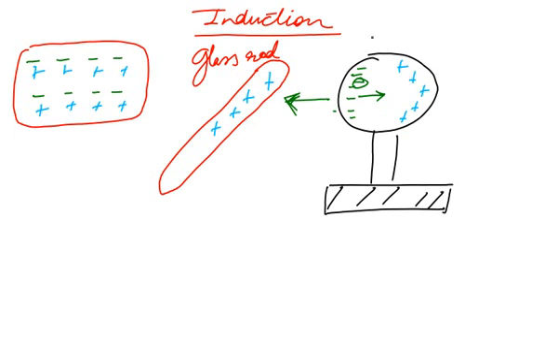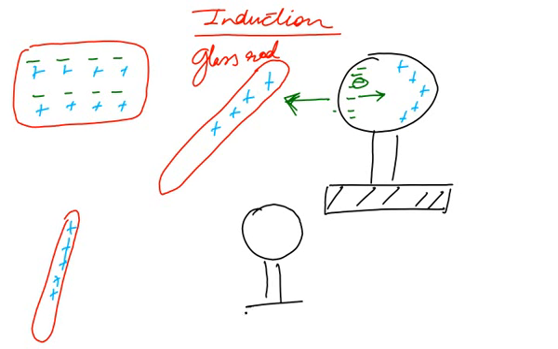One more thing: if I move this glass rod, still having the positive charges on it, very far away from the metal sphere, then there is no force holding the negative and positive charges on this metal sphere.